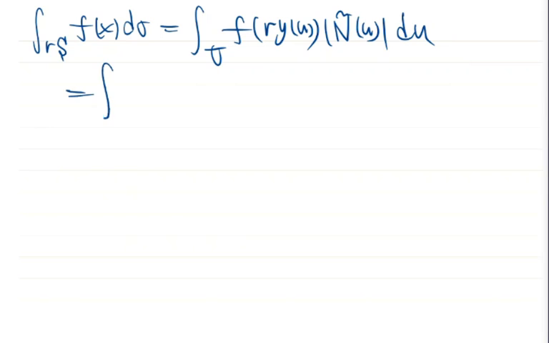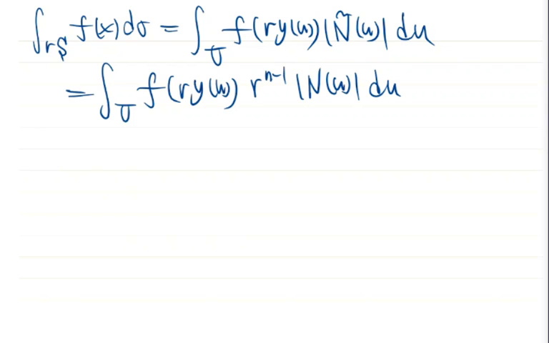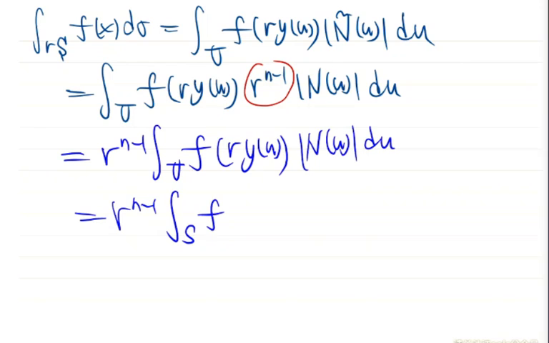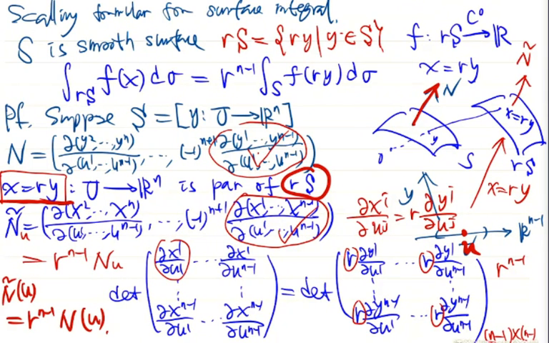So this is the integral over u of f(ry(u)). The norm of n tilde(u) is r^(n-1) times the norm of n(u). Then the r^(n-1) moves out of the integral, and we obtain r^(n-1) times the integral over u of f(ry(u)) times the norm of n(u) du. But this is just the integral of f(ry) over the surface S. That proves our scaling formula for surface integral.